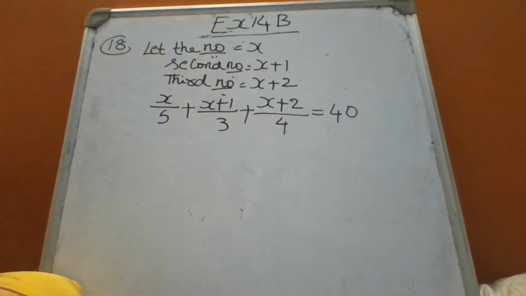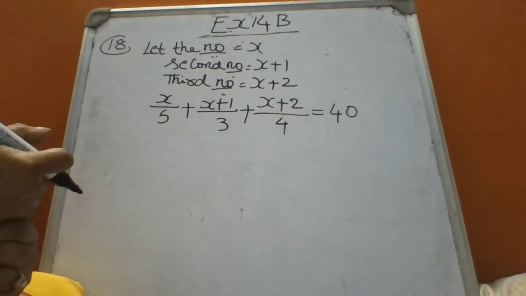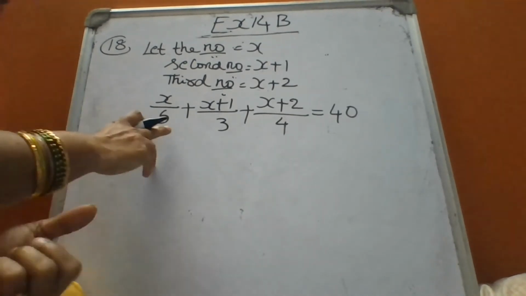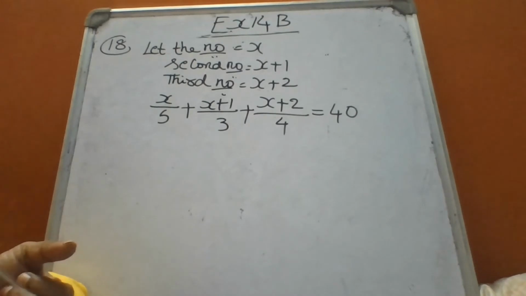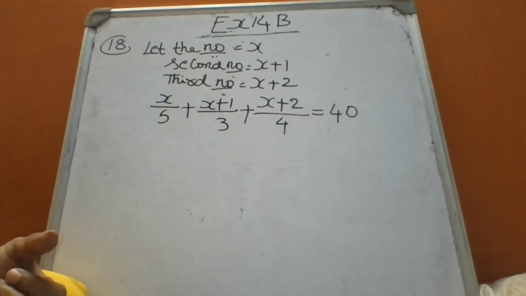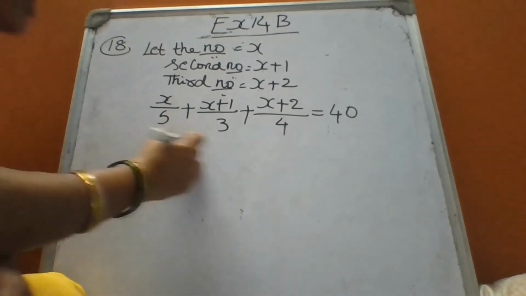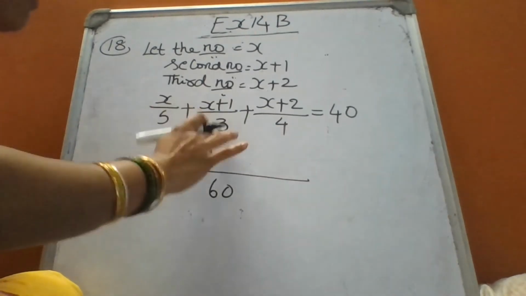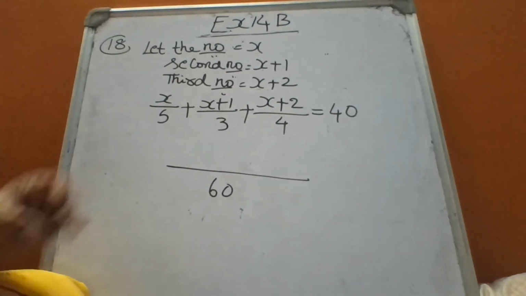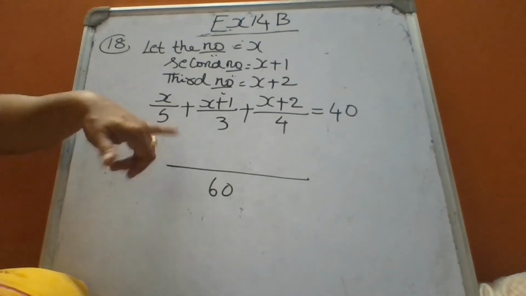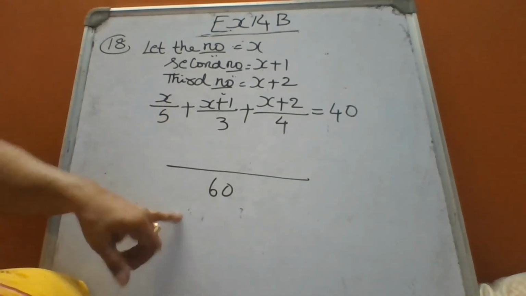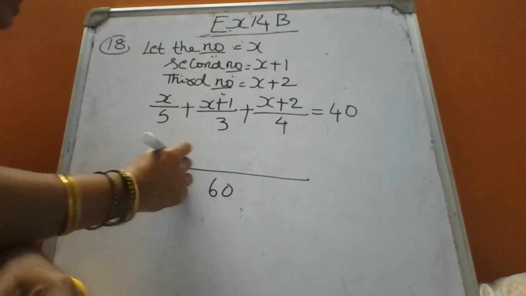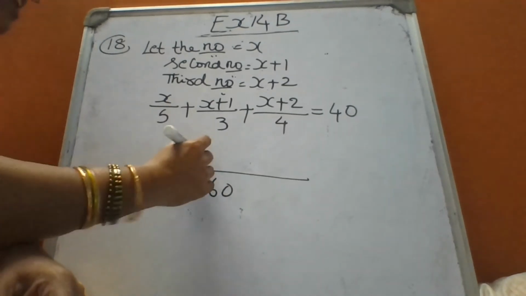Now we have to solve it by taking LCM, how we were solving before. So the LCM of 5, 3 and 4 is 60. So, x by 5 into 60 if you do, you get 12x for the first fraction.